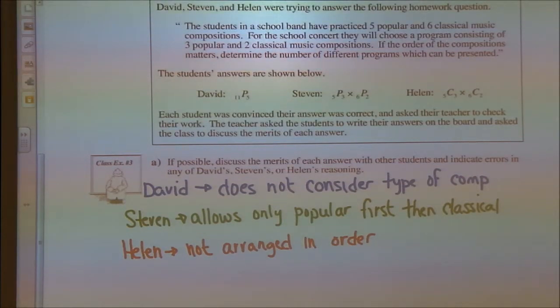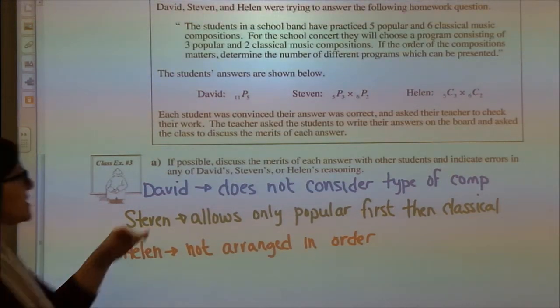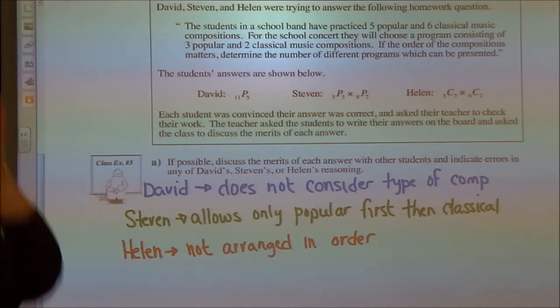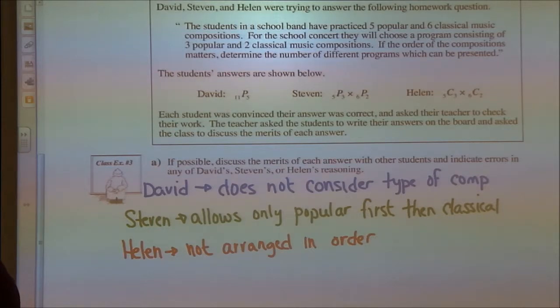And we're not concerned when we're picking the 3, let's say my popular music, I pick song A and song D and song E. It doesn't matter how I picked the 3 songs, I still have them. Whereas with Stephen, I picked song A first, no matter what. Then I pick song D next, no matter what. So Helen's allows for that movability. I can put song D ahead of song E or ahead of song A.